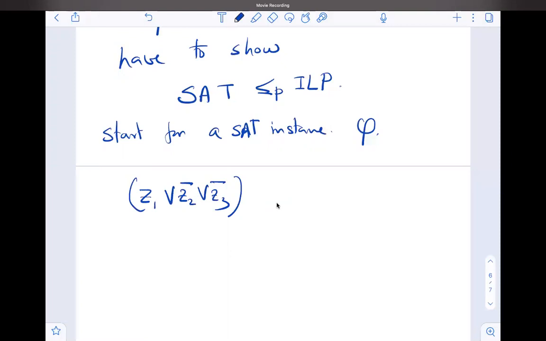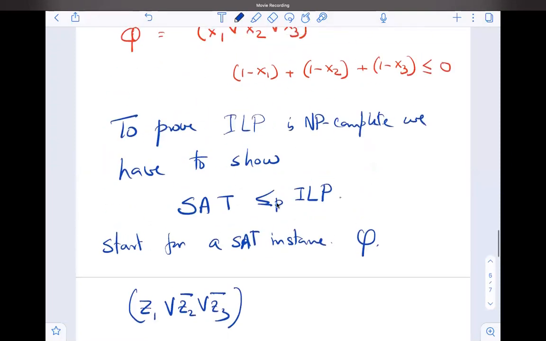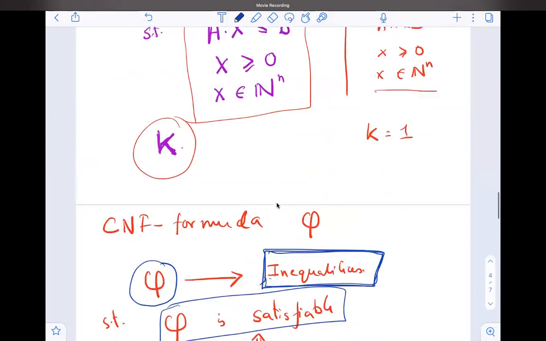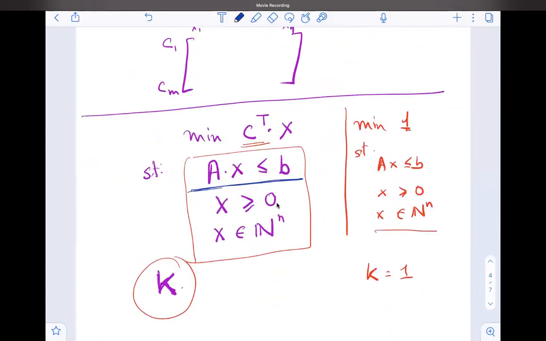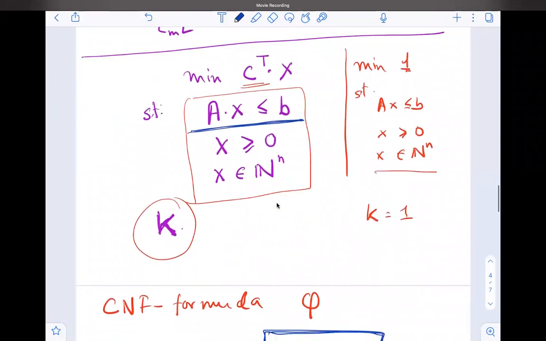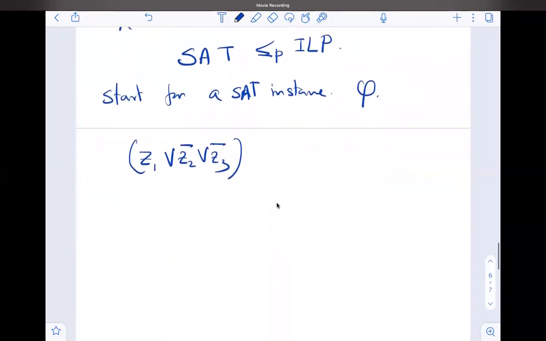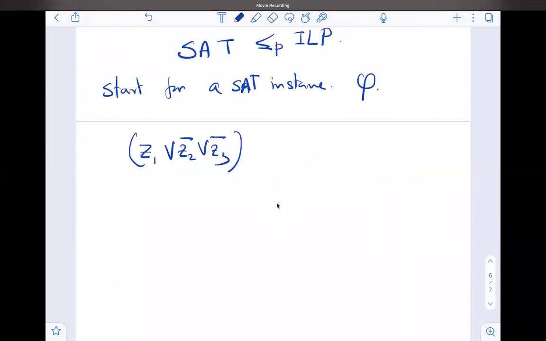Hold on, hold on. This Ax less than equal to b is not a single thing, you understand, right? It is a combination of a number of inequalities. Yes, sir. I'm just talking about, let's say, one inequality. I'm considering Ax less than equal to b, at the individual level, for what my clause structure should be.